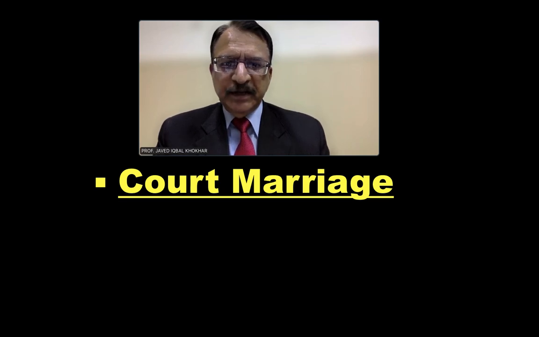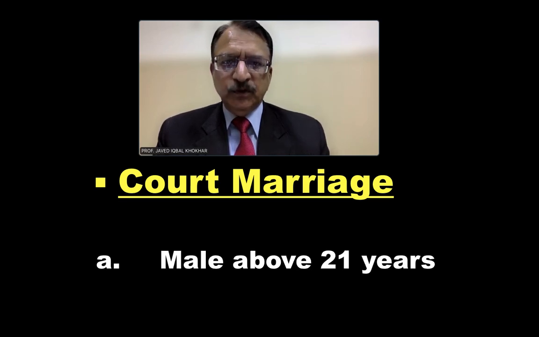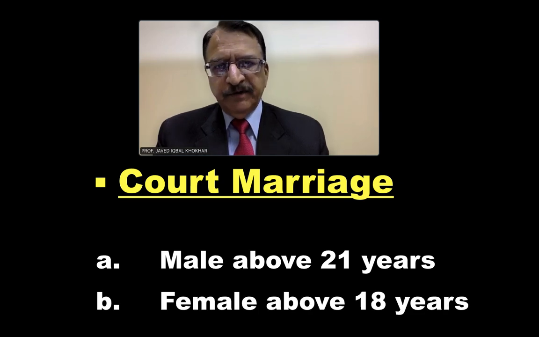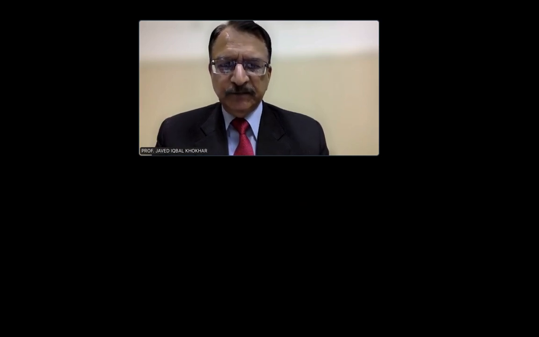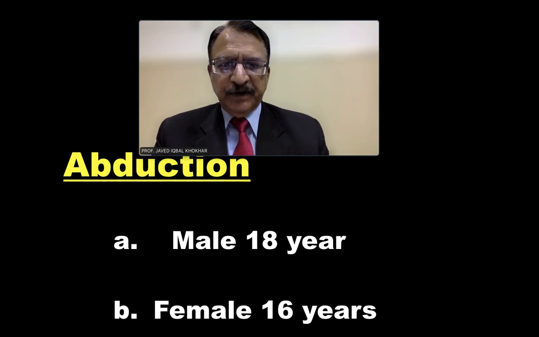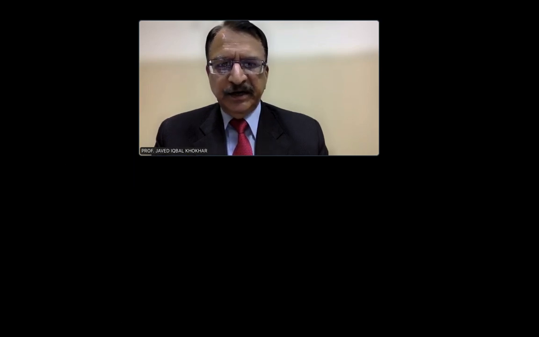Then for court marriage, the male should be above 21 years and the female above 18 years. Then a foreign girl imported for any job or employment should be above the age of 21 years. Abduction, male 18 years and female 16 years, same as kidnapping.